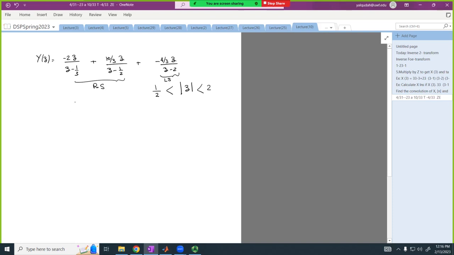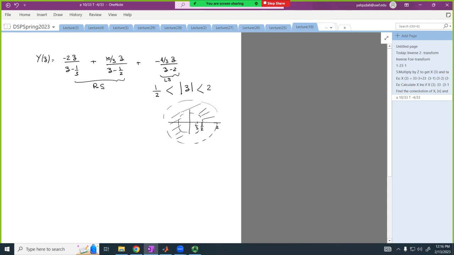Question? Isn't the first one left-sided too because it's outside of the range? 1/3, I mean, if we plot it, we have 1/3, we have 1/2, and we have a 2. The region of convergence is between 1/2 and 2. So for the 1/3, it's outside of it, and therefore it is right-sided.